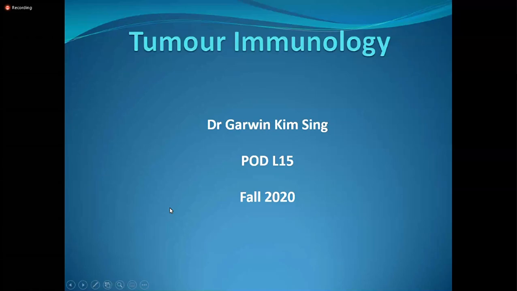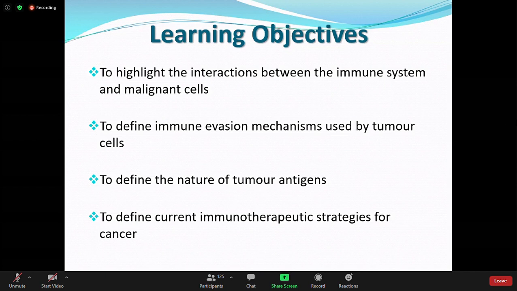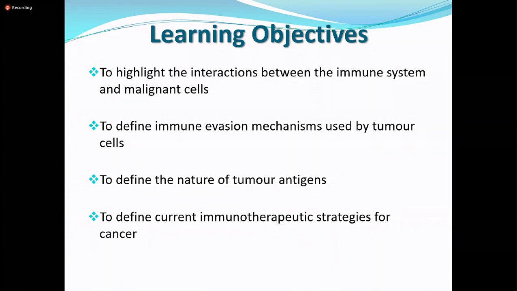The learning objectives of this lecture are to highlight the interactions between the immune system and malignant cells, to talk about the effector cells that are instrumental in killing off tumor cells before they start to grow into a solid or a systemic tumor.